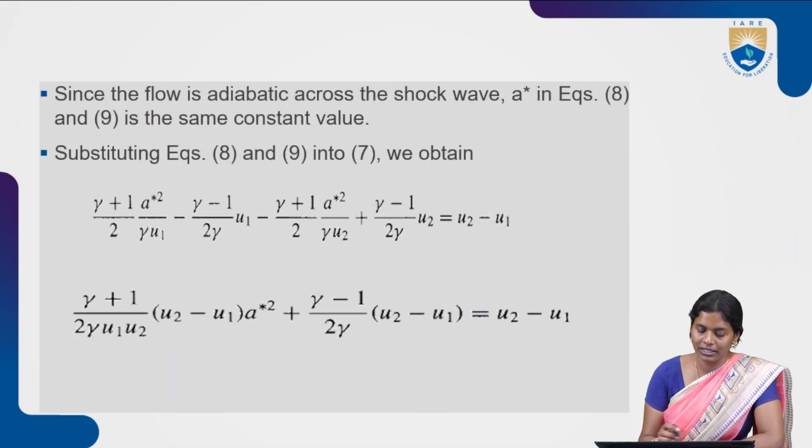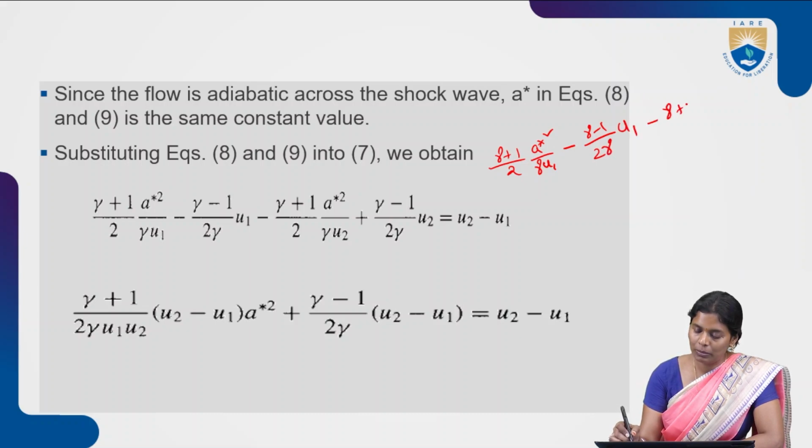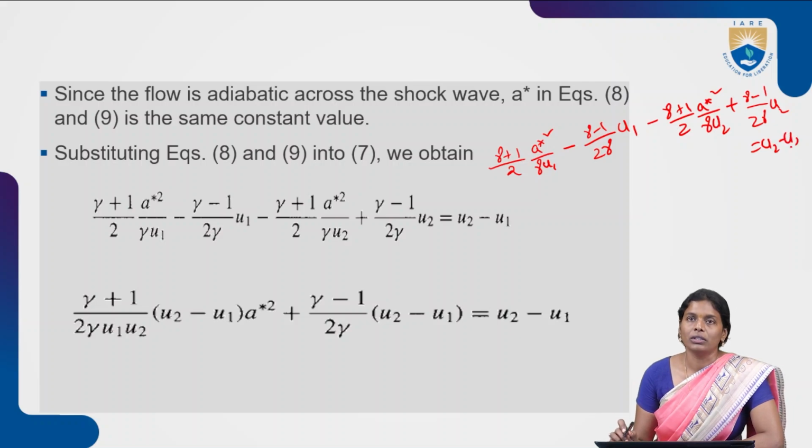So what we know, A1 square is gamma plus 1 by 2 A star square, divided by gamma U1, minus gamma minus 1 by 2 gamma into U1, minus gamma plus 1 by 2 A star square by gamma U2, plus gamma minus 1 by 2 gamma U2, equal to U2 minus U1.